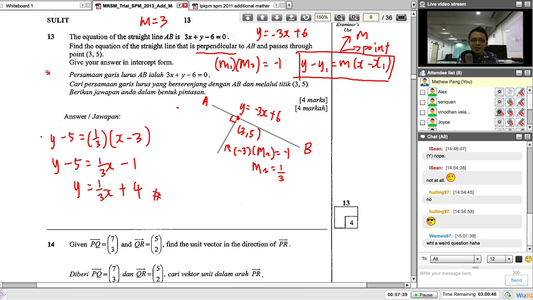Because you never arranged the equation into y equals mx plus c. You must arrange it into y equals mx plus c, then only can you decide which one is your m and which one is your c. Do not do it too fast and straight away say m equals 3, and then your m2 will equal negative 1/3 and the whole equation will be wrong. Must be careful on that.